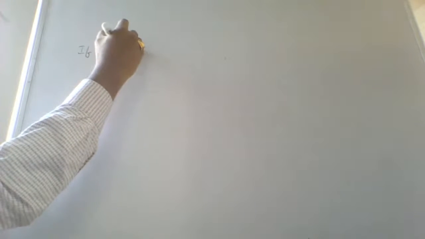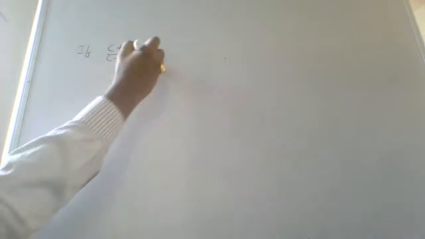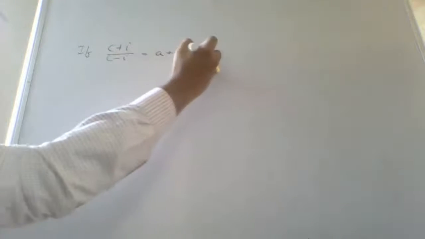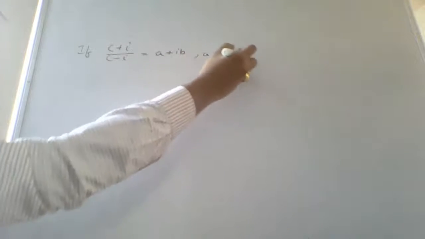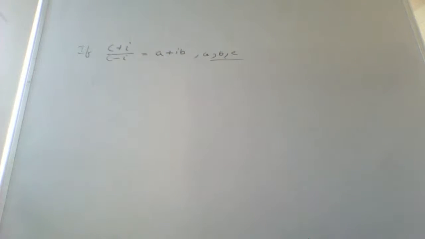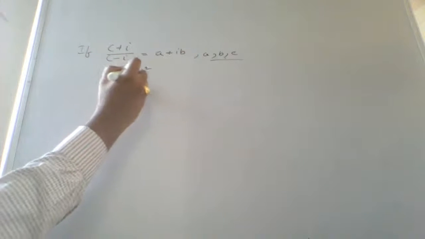If I have c plus i divided by c minus i, which is equal to a plus ib, where a, b, c are real, then what is a square plus b square here?